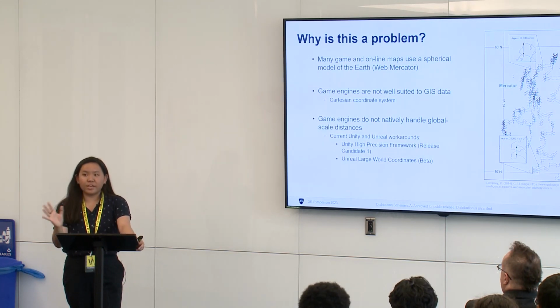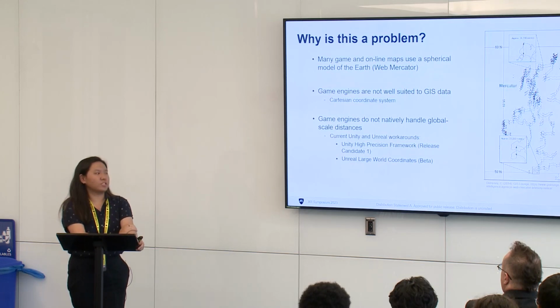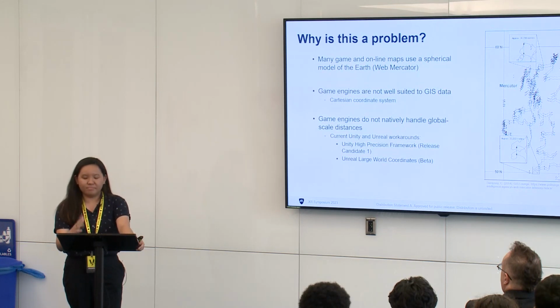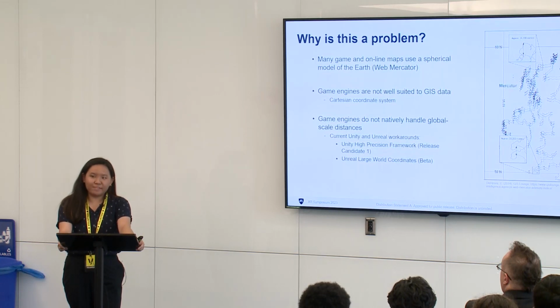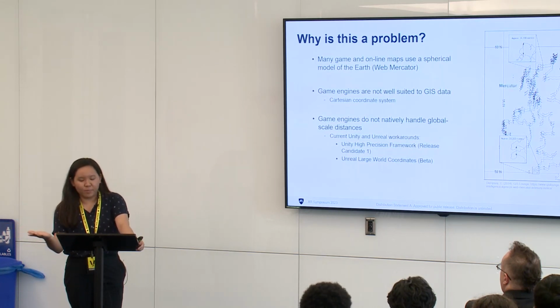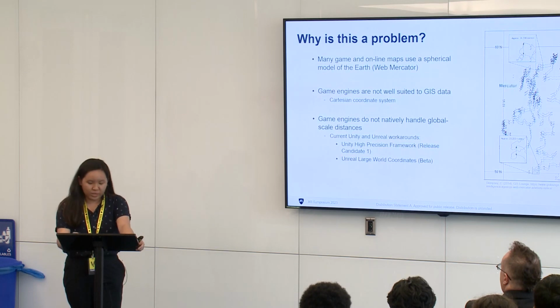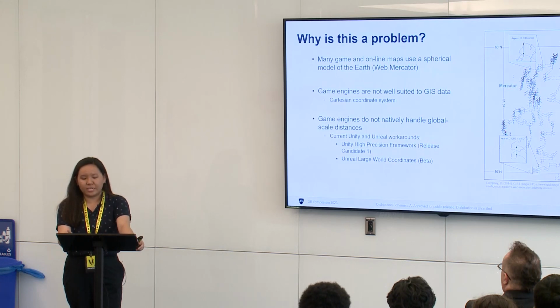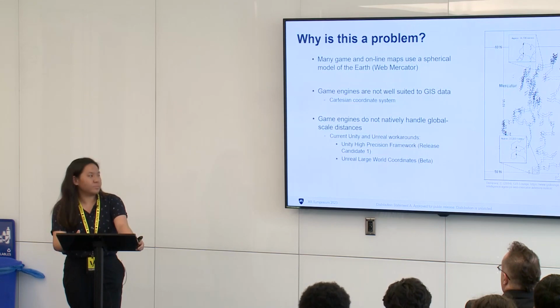And this is currently available as a package add-on to whatever project you are using. Unreal Engine uses large world coordinates, and I won't need to say too much about it, but it basically does the same exact thing and is currently available only in Unreal Engine 5, so you would have to consider upgrading from any project that's in Unreal Engine 4. So considering how GIS fits with game systems is important for designing and developing accurate and immersive applications for professional use.